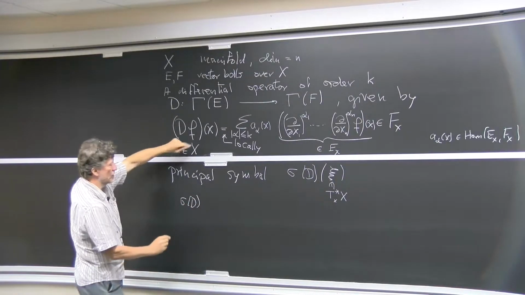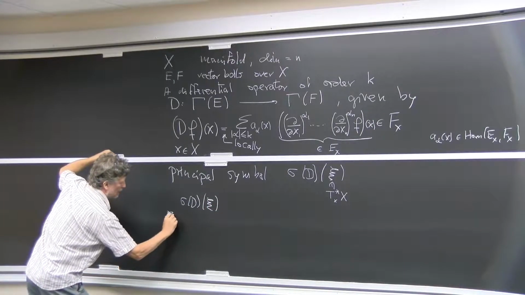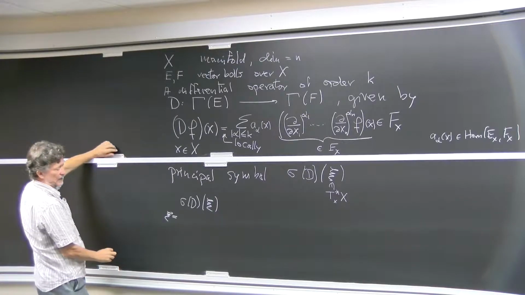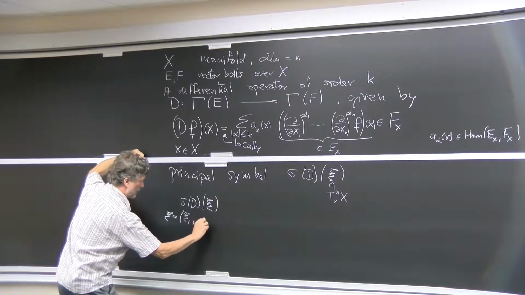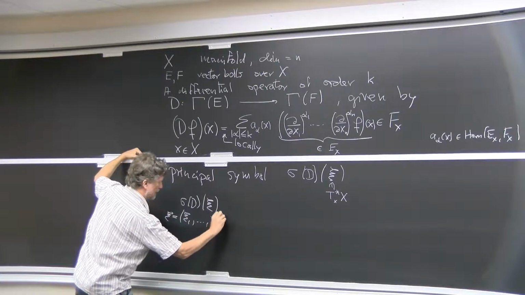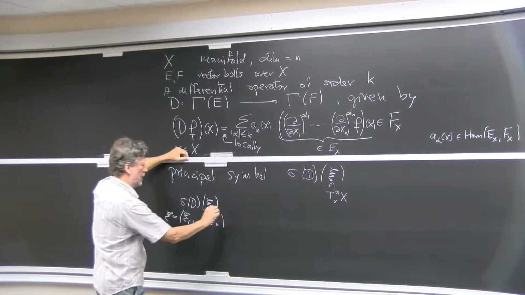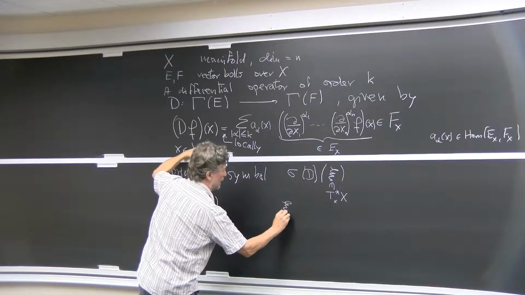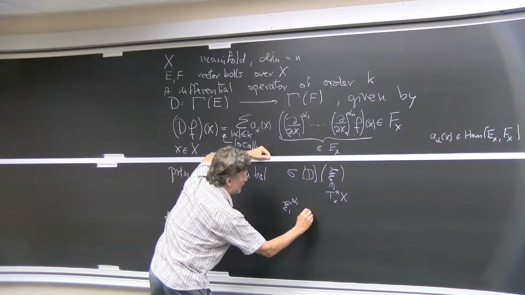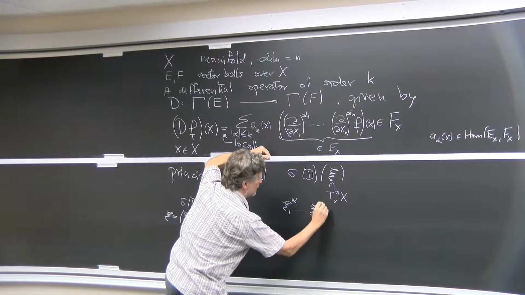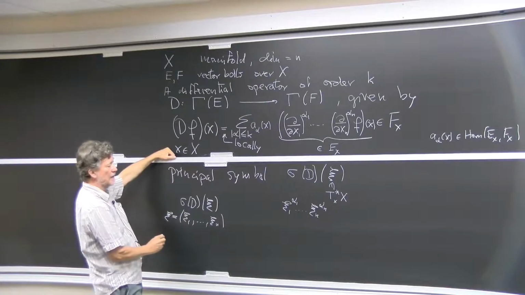Again, I'm going to use this local form here. Using this local form, I can write this cotangent vector xi in terms of its components. So let's say xi has components xi_1 up to xi_n, which are just numbers now. Then I can make a big polynomial, namely, I take xi_1 to the alpha_1 times blah, blah, blah, xi_n to the alpha_n. So that's a big polynomial function on this cotangent space.